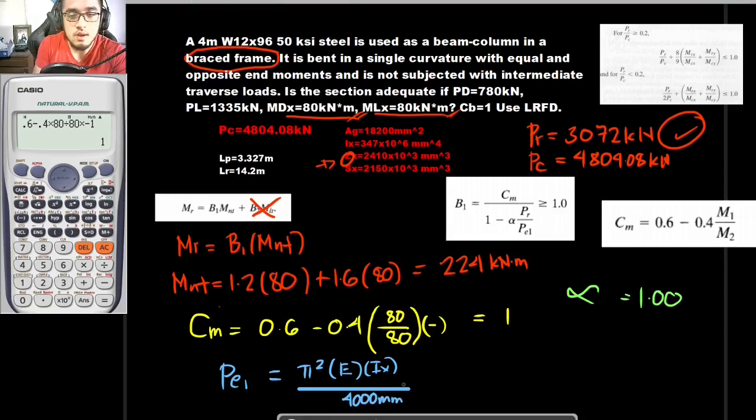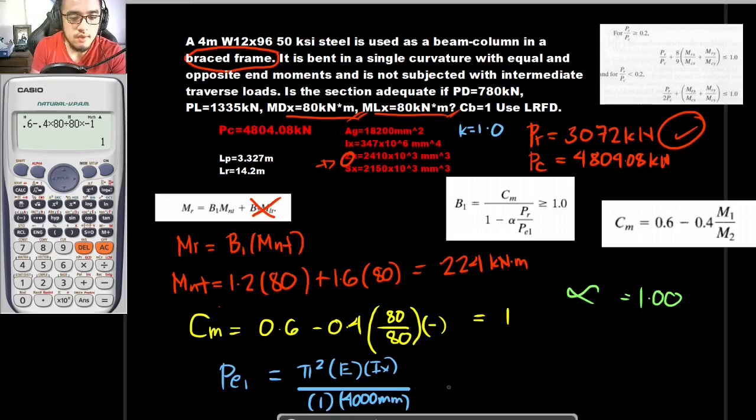And if you would be looking at the table before, sa mga values natin ng K, if your member is braced, if your beam column is braced, your K is equal to 1. So lagay ko dito, no, para important to. K is equal to 1.0 since it is said here that it is braced.